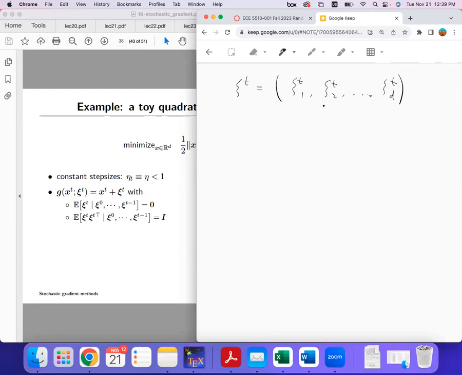Now, this expectation is the expectation of, by default, a column vector ξ_t, multiplied by its transpose ξ_t transpose, which is the row vector.